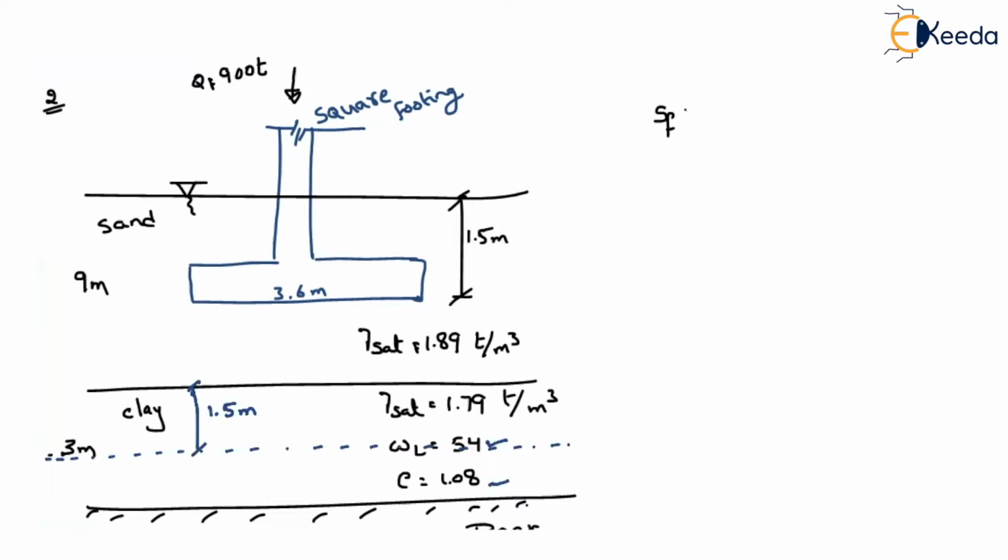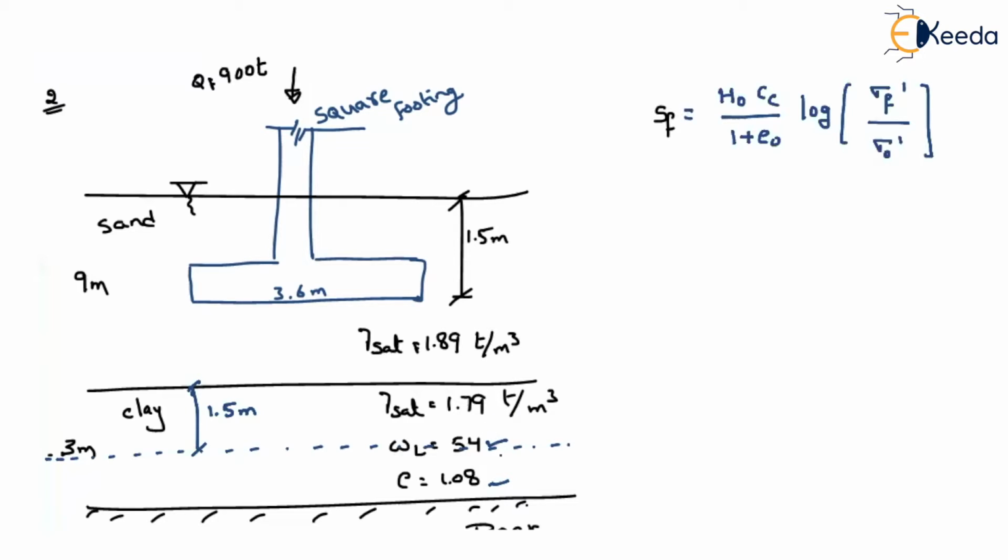That implies I can find out my settlement by using H naught, the initial thickness, into Cc divided by 1 plus e naught, e naught is the initial void ratio, into log. If I'm simply writing log, that means log with respect to 10, of the effective stress after the application of the loading divided by the effective stress in the initial case, right?